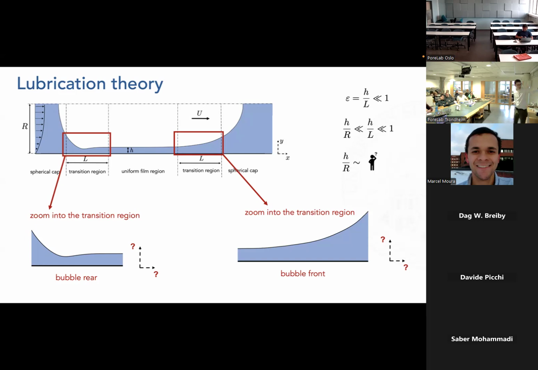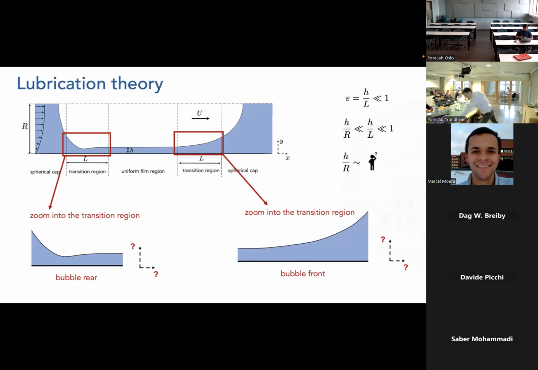So we know that h over R is smaller than h over L, which is smaller than 1. But still, we don't know the ratio h over R. This will be verified a posteriori. This will be the result of the theory. One of the main results of this theory is the scaling law between the film thickness and the channel radius.